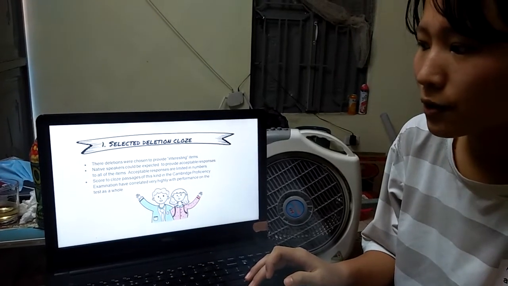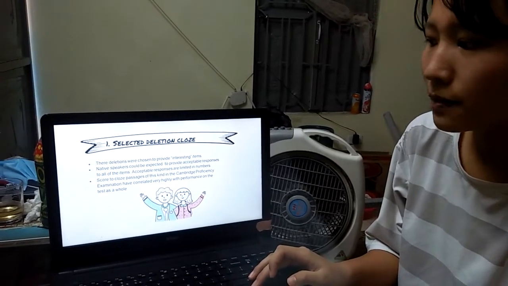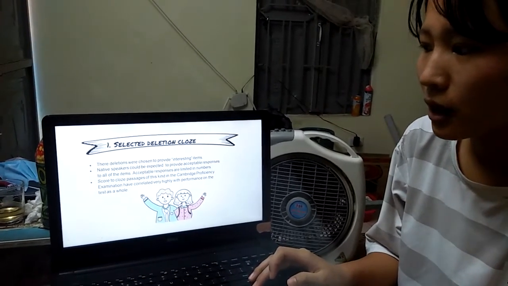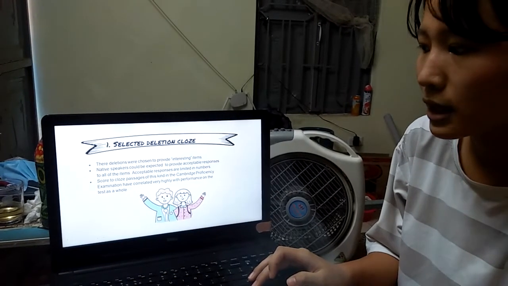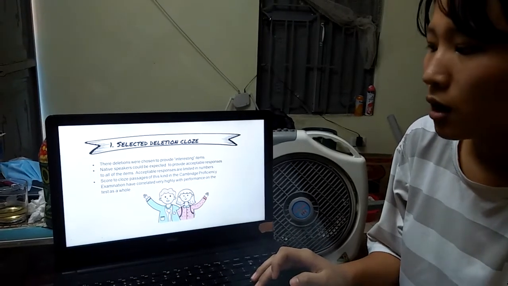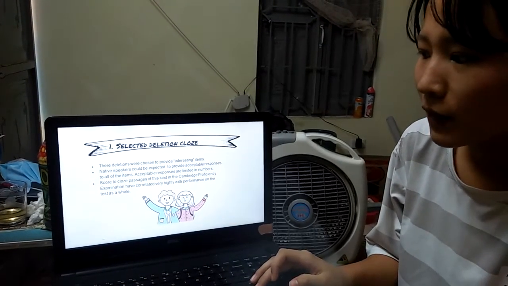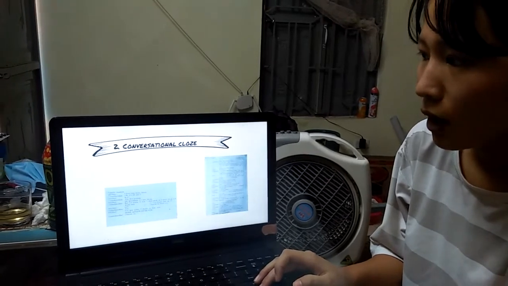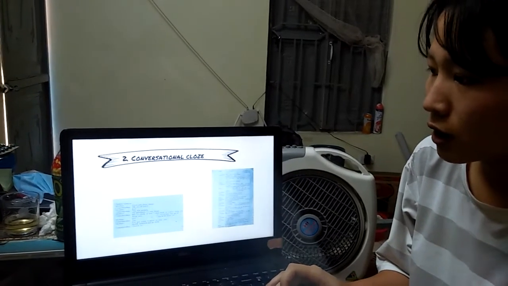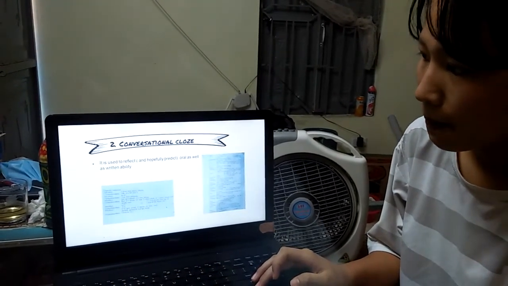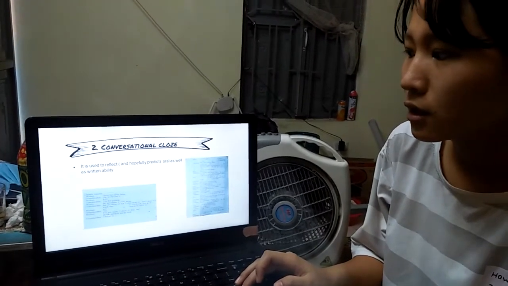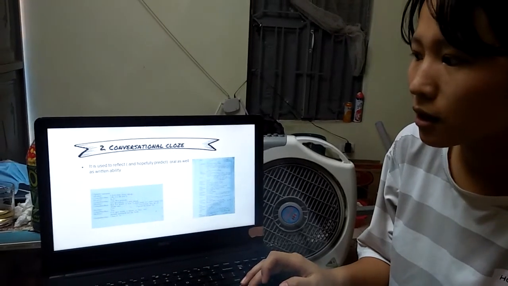Cloze passages of the first kind in the Cambridge Proficiency examination have correlated very highly with performance on the test as a whole, and the conversational cloze is used to reflect and hopefully predict oral as well as written ability.